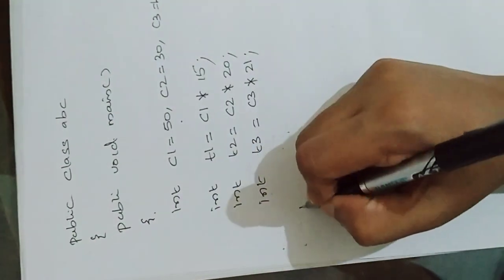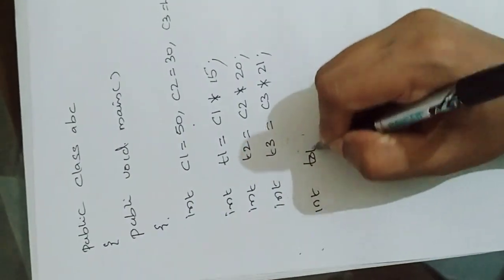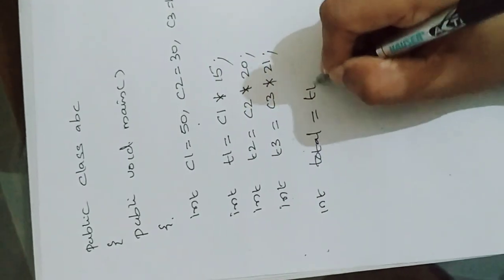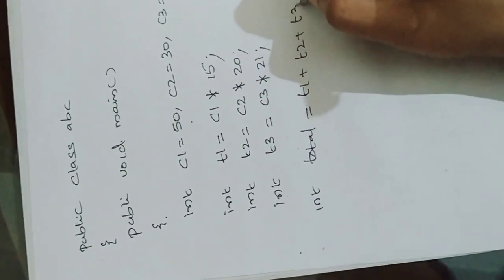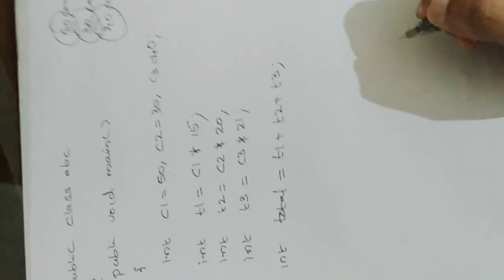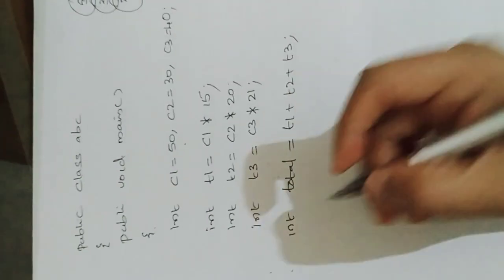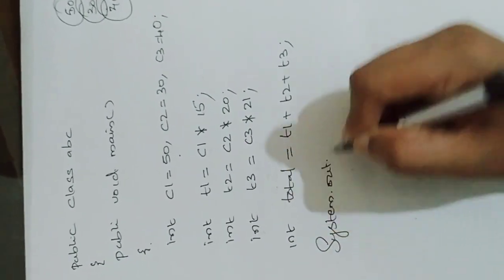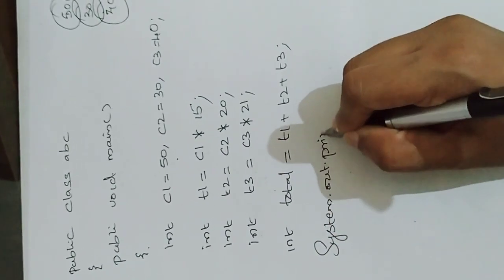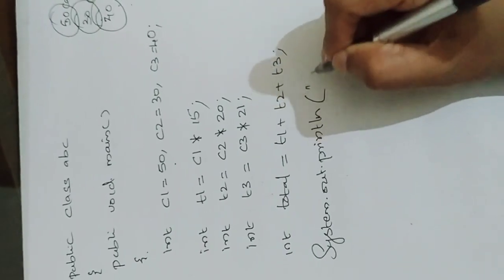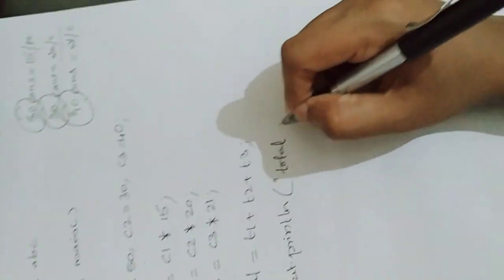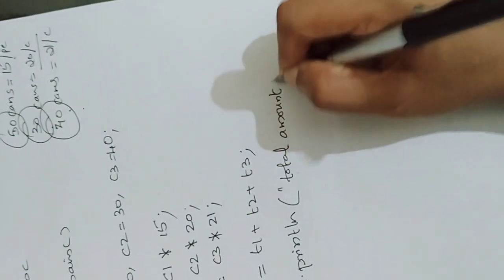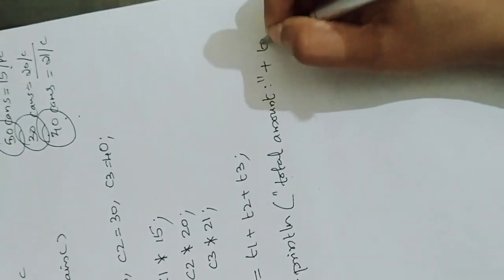Yes, how will you find the total? int total is equal to t1 plus t2 plus t3 semicolon, everything you put a semicolon. Then finally you will write system dot out dot println, total amount is equal to, plus you will give total, semicolon, close the curly braces.